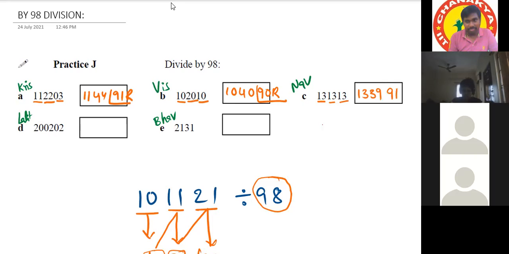Very good. So the answer is 1339, remainder 91. Correct.